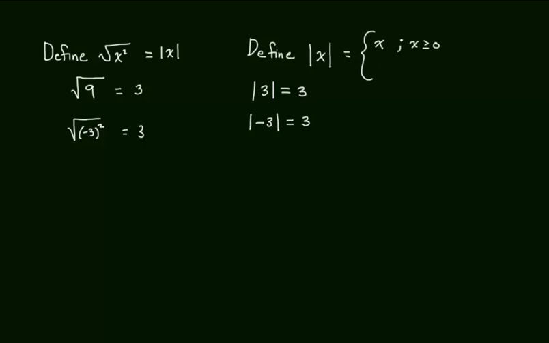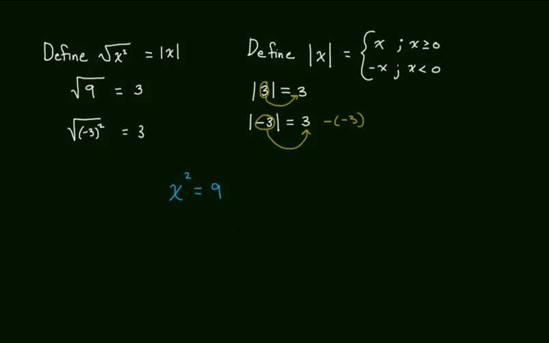In the event that x is a negative number, then we need to take the opposite of x, provided that x is less than 0. You can see that here. When the number x is positive, it returns itself. When the number x is negative, it's going to be the opposite, so negative 3 returns positive 3.